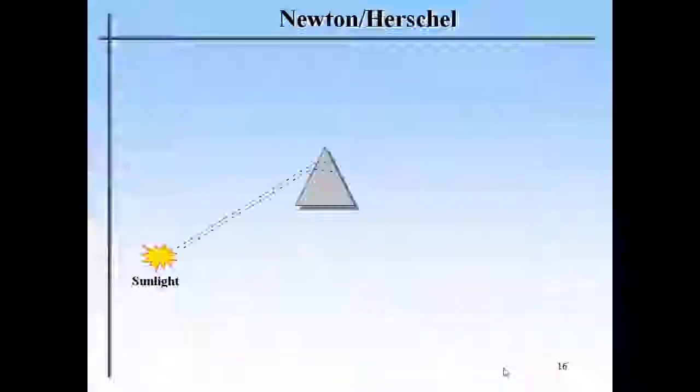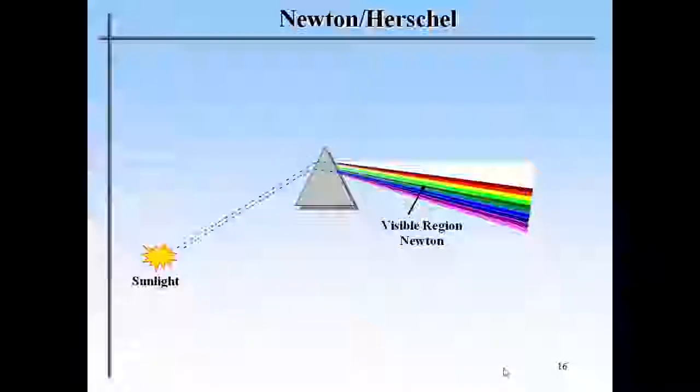So what did Newton and Herschel do? Newton detected this region. This was easy. You can detect it at home. If you look behind your window, sometimes you have these stripes on the ground. But Herschel took a thermometer and he put it beyond the visible region where he didn't see anything.